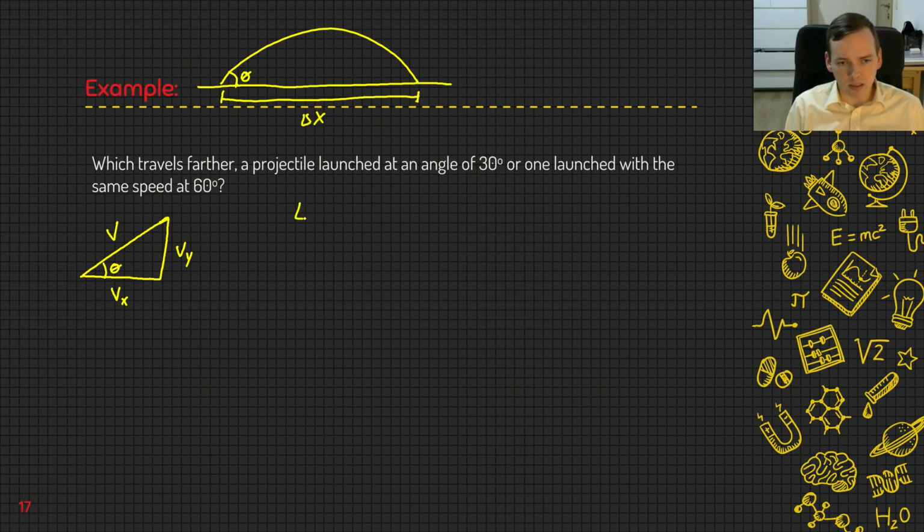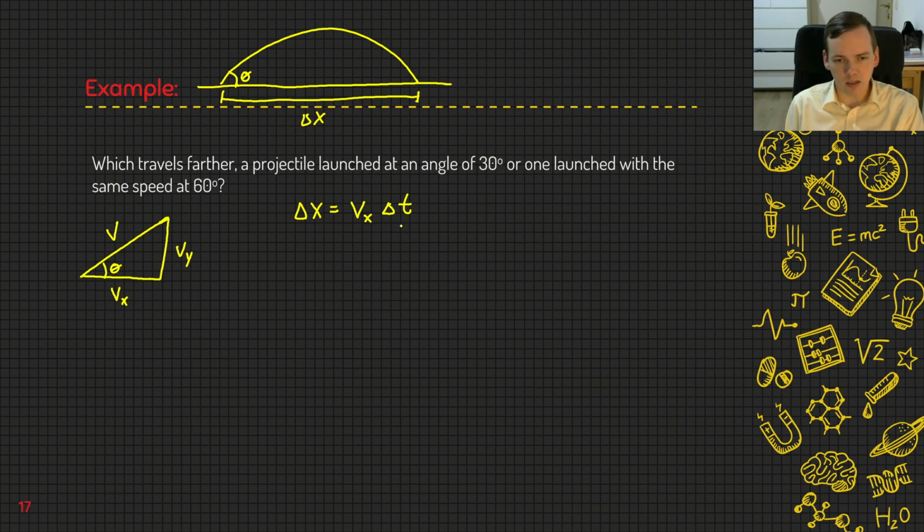We know that delta x should equal Vx times the change in time. How do we know that? Because the velocity isn't going to change in the x direction, since there are no forces pushing or pulling it backwards or forwards, no acceleration.